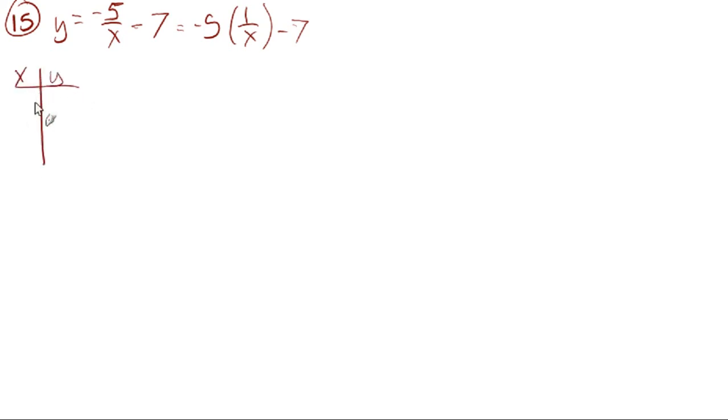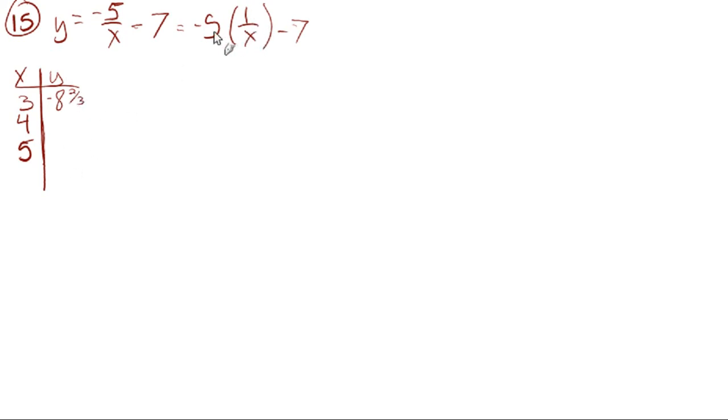So we'll do, let's say, 3, 4, and 5. So 1/3 times -5 is -5/3 minus 7. Let's see. So -5/3 is -1 2/3. Minus 7 is -8 2/3.